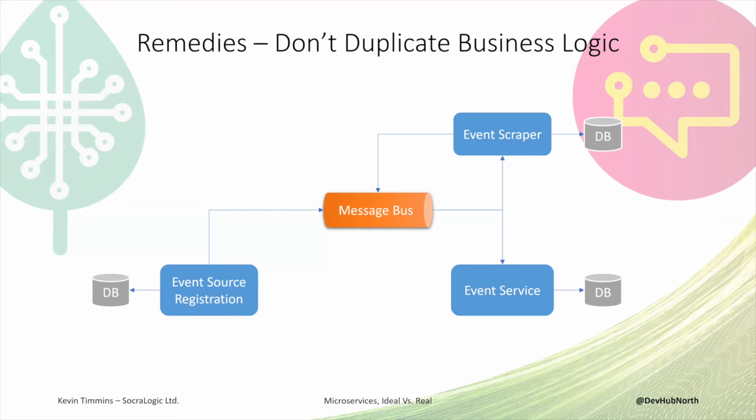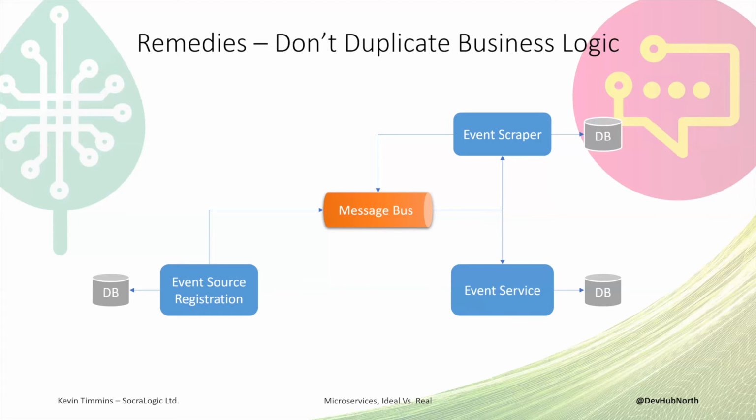And finally, don't duplicate business logic. This really falls into that vertical slicing thing, and it's got a bit of an interesting caveat here. With vertical slicing, what we're really doing is bounding our domain for that particular value-adding feature.